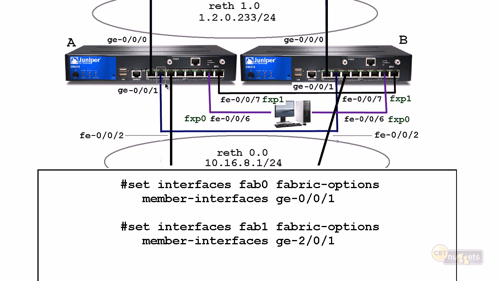Now, even though this device over here is technically ge-0/0/1, as part of the chassis configuration, it's actually identified now as ge-2/0/1. So when we set that one, we have to say set interfaces fab1, because it's obviously the fabric for node 1, fabric-options, member-interfaces, and make sure we do ge-2/0/1. That's how it's identified now as part of the cluster configuration.